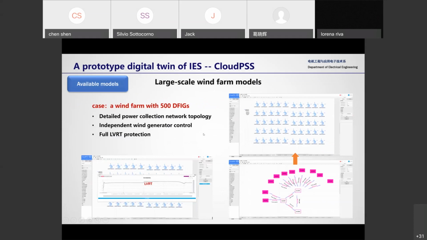This is the model of a large-scale wind farm with detailed power collection network, independent wind generator control, and full low voltage ride-through protection. With this model, equivalent models of large-scale wind farms can be studied.